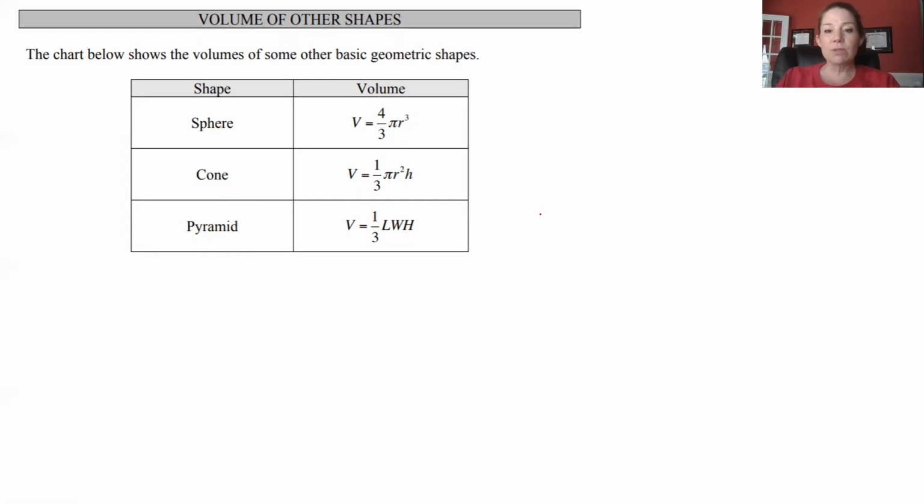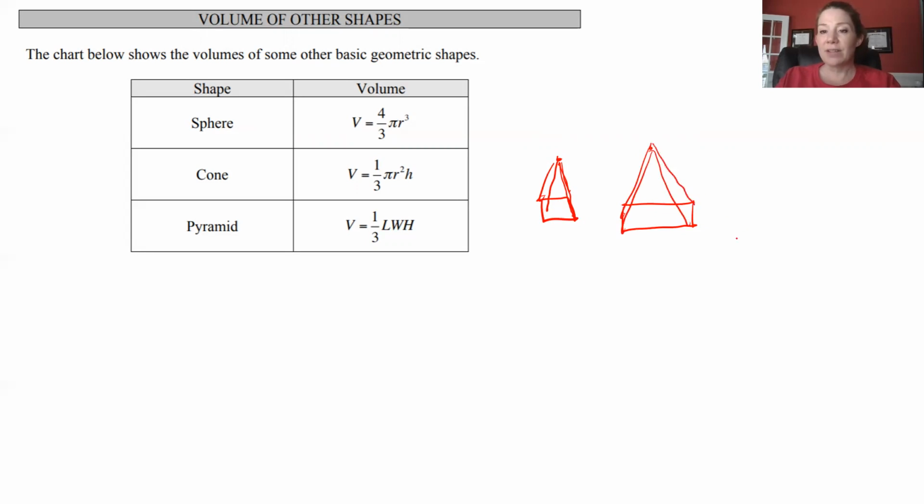Most commonly, you'll have a square base pyramid like this one, where the base has all the same side lengths, or we'll have a rectangular pyramid.